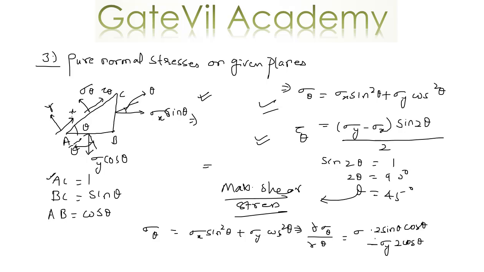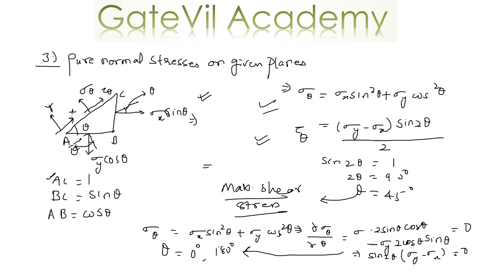For maximum and minimum, you have to equate this to 0. This 2 sine theta cos theta will become sine 2 theta, times sigma y minus sigma x equal to 0. So sine 2 theta equal to 0 will give you two values of theta: 0 degrees and 180 degrees.